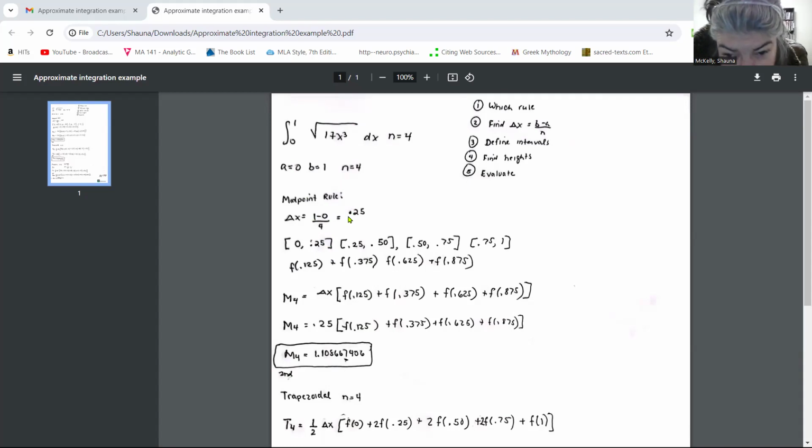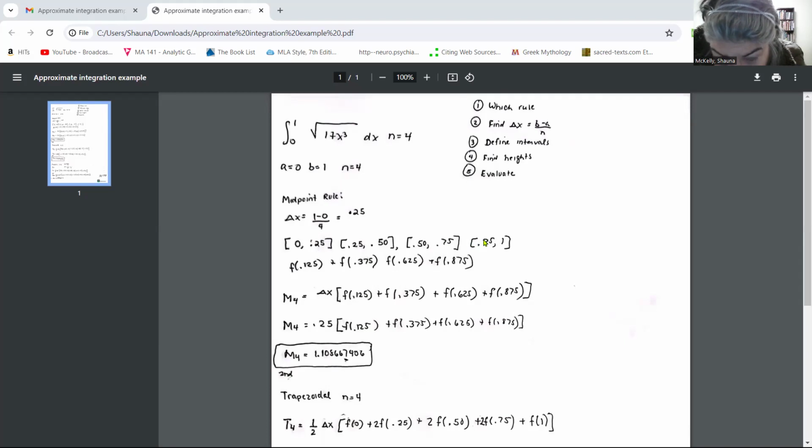This wasn't too bad. So this is 0.25. So my interval starts at 0 and it's 0.25 units wide. So 0 to 0.25, 0.25 to 0.5, 0.5 to 0.75, and 0.75 to 1. Okay.